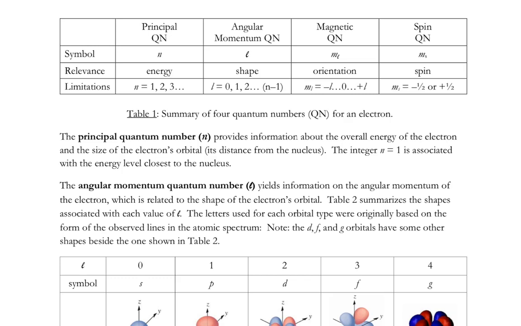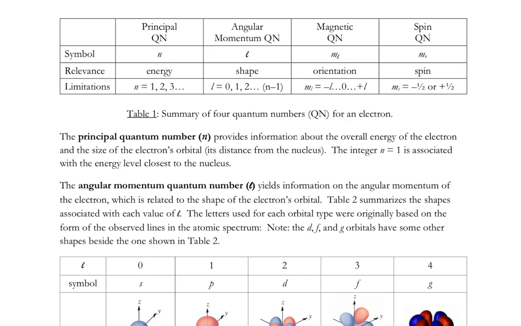And those orbitals are locations where electrons can be found with a 90% probability. The restriction on the value of m sub l is m sub l can be negative l up to 0 up to positive l. So notice how there's a restriction or a limitation on these various quantum numbers.